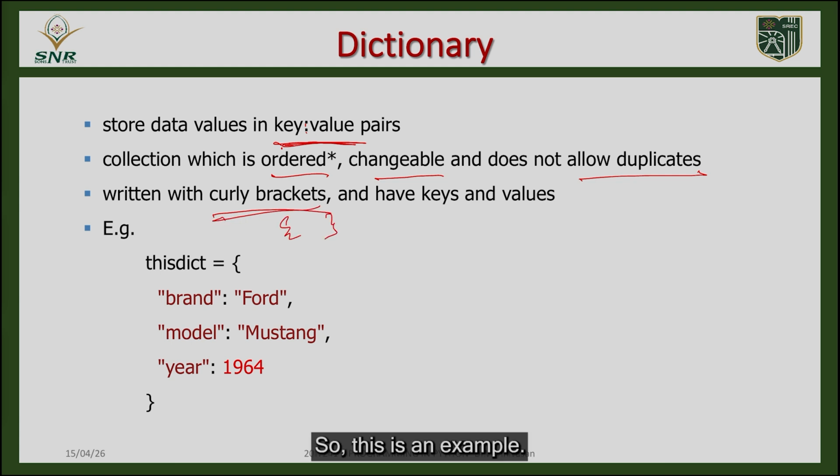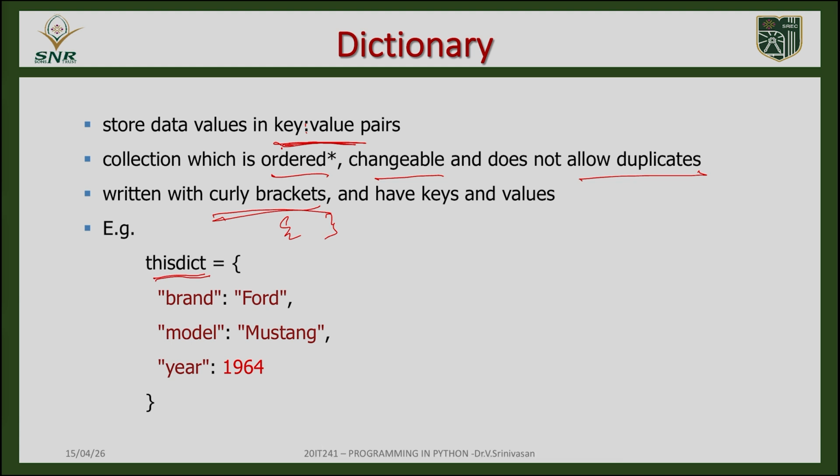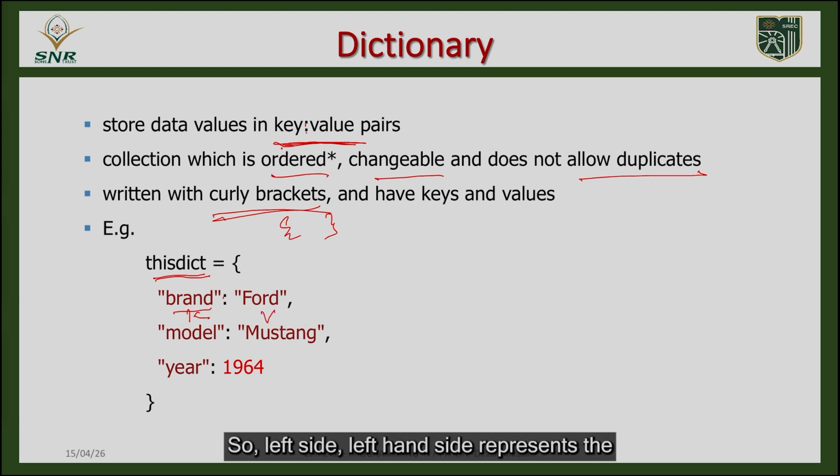So this is an example. We have a dictionary name. This dictionary is equal to, and these are the values assigned inside this dictionary. This is the key, and these are the values. The left hand side represents the key, and the right hand side represents the values.